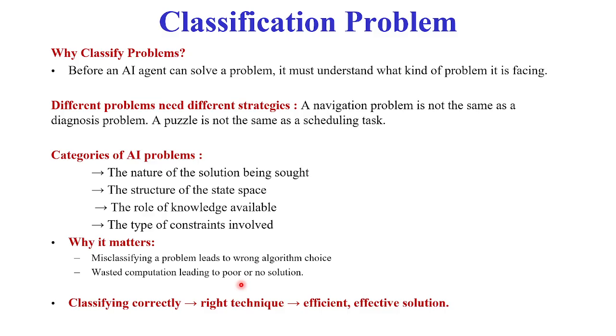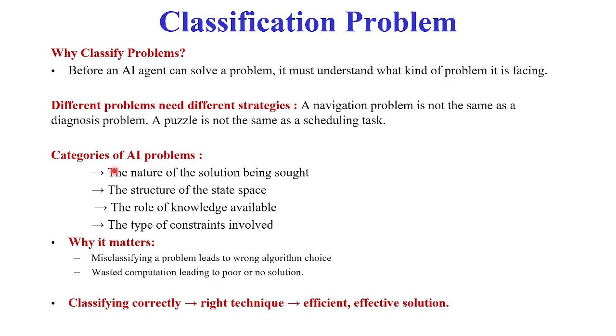When we classify correctly, we pick the right technique, and this leads to an efficient and effective solution. So what you have to remember here are the categories, that is the key dimensions.